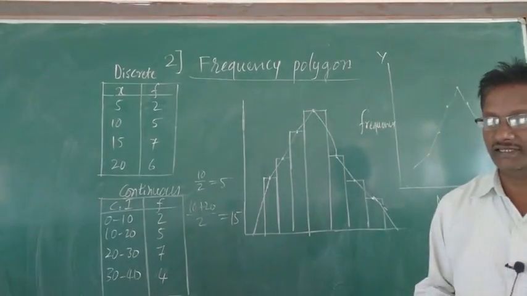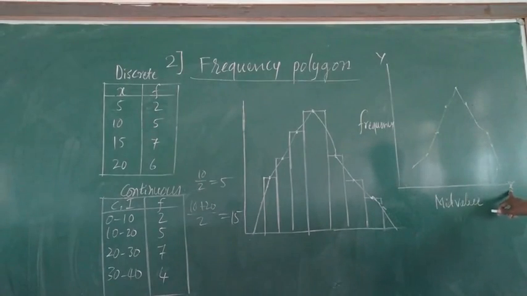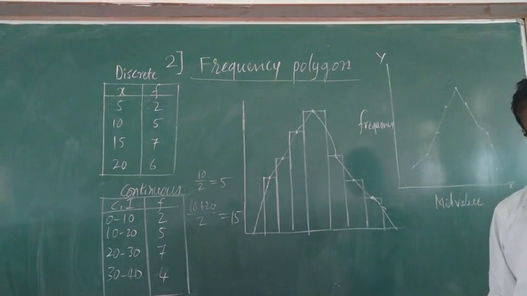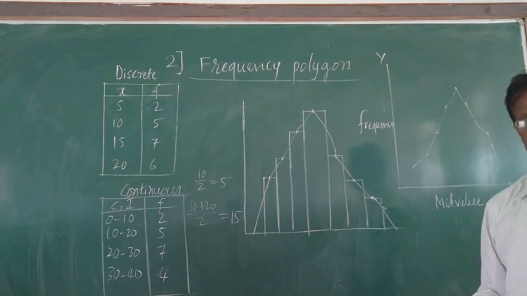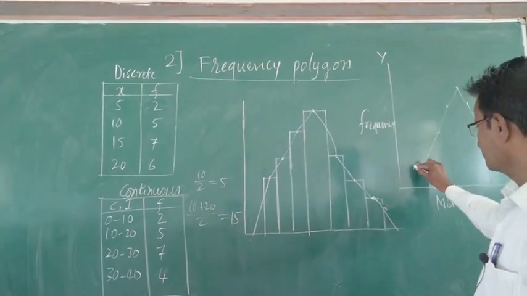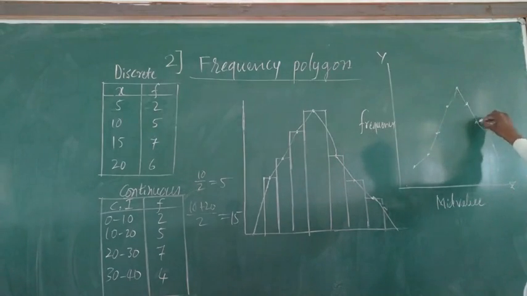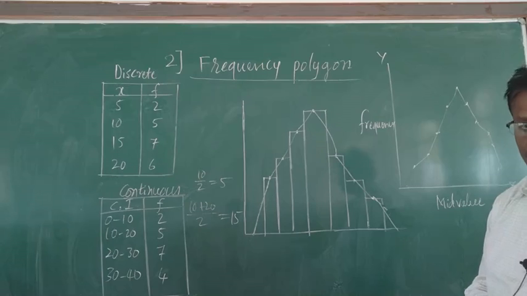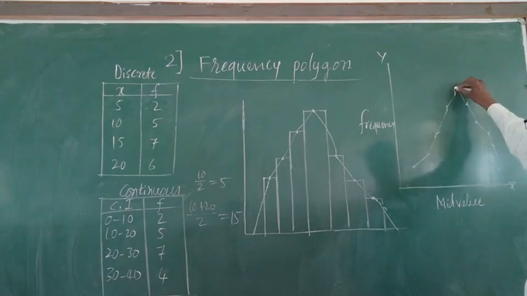So mid values are ascertained and they are taken on x axis and frequencies are shown on y axis. At each mid value with corresponding frequency, points are plotted and all the points are joined by a straight line like this.